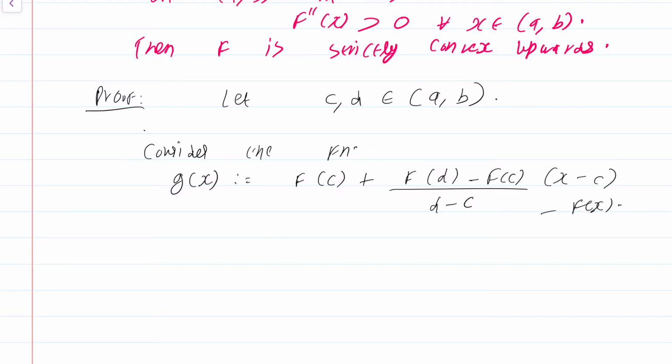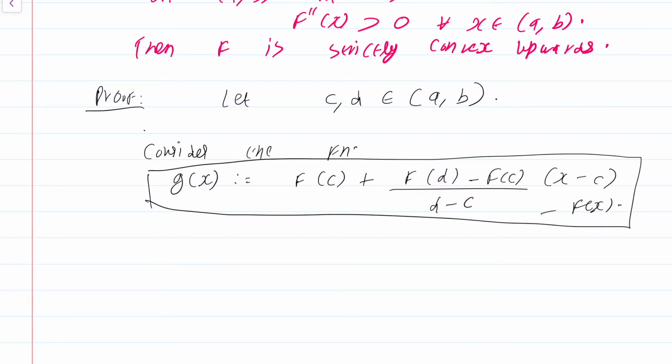Now this function should ring a bell. This is very similar to the function that we considered while proving the mean value theorem. What I'm essentially doing is considering the line passing through the points (c, f(c)) and (d, f(d)), and subtracting f(x) from this. As can be guessed, our goal is to show that this function g(x) is greater than 0 for all points x in the interval (c,d). So this function g is defined from [c,d] to R.